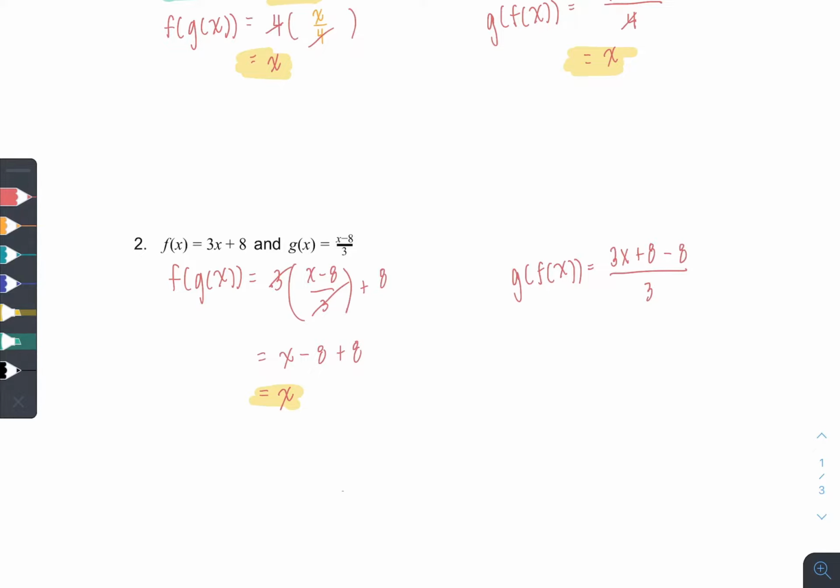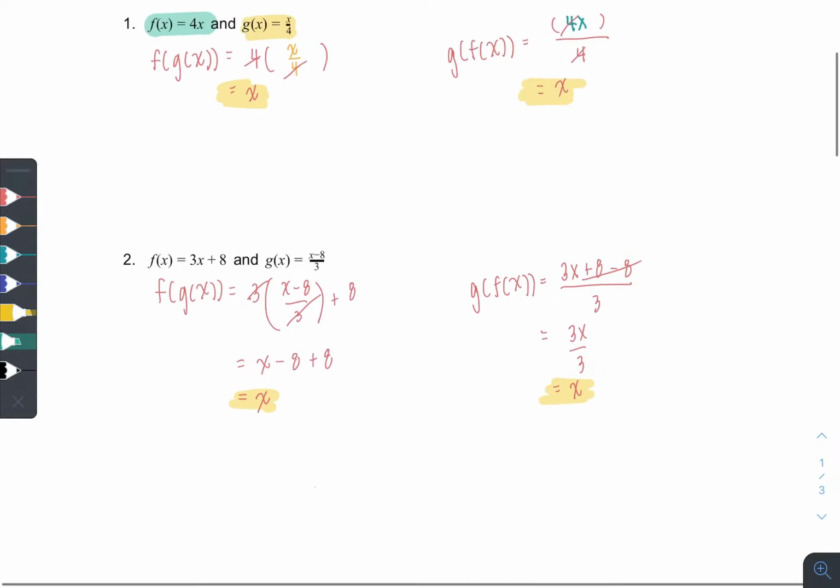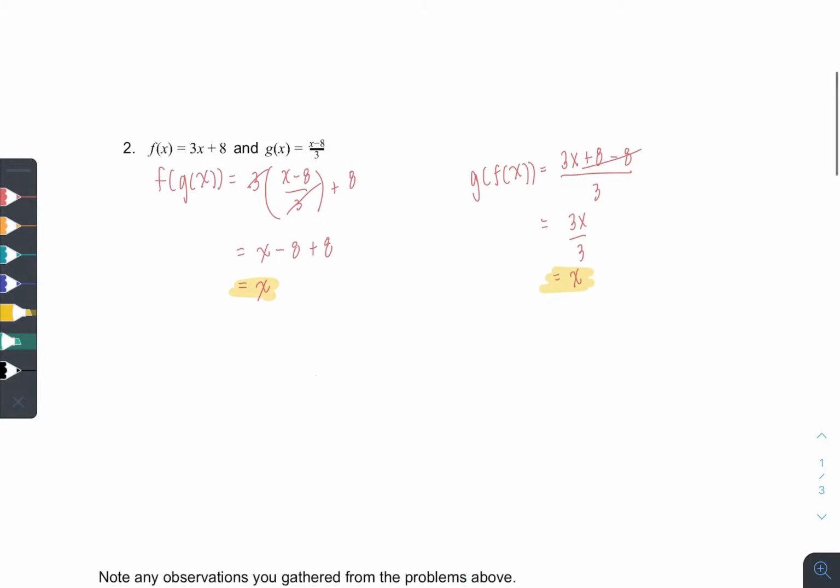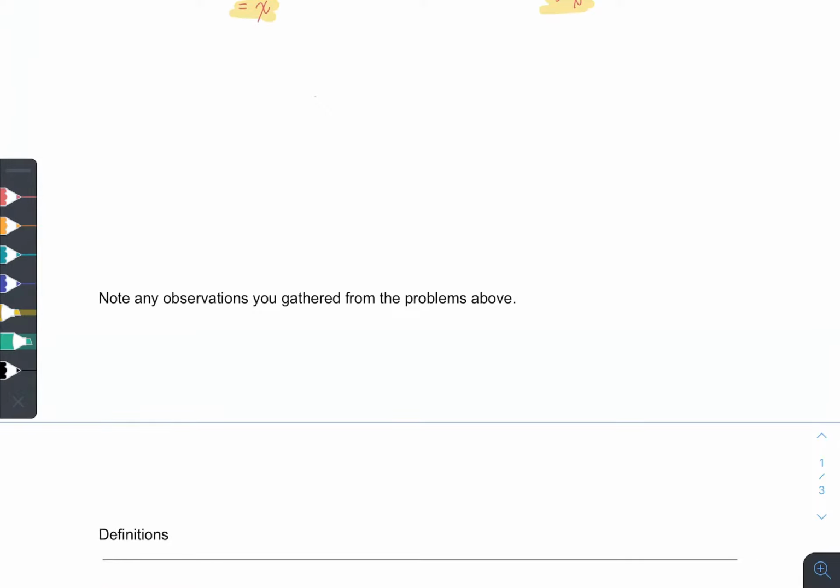To simplify, first we have to cancel out the 8's, so we get 3x over 3, which is just x. Okay, so if you need to, take a minute and copy those down. I went through them kind of fast because we already did notes on composite functions. All right, I want you to go ahead and answer this question right here over on this side.